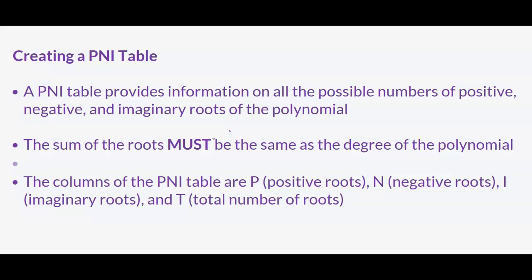The columns of the PNI table are positive, negative, imaginary, and total number of roots. So the sum of the positive, negative, and imaginary roots must be the same as the degree of the polynomial. For example, if I have a polynomial that starts with x to the power of 6, it simply means that the degree is 6, so all my roots must add up to 6.